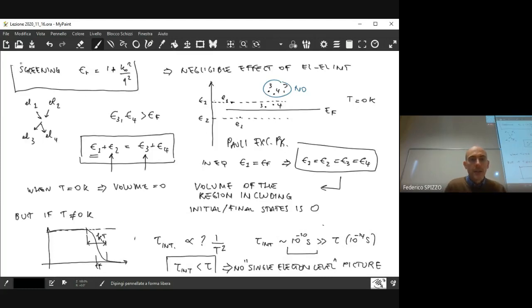The combination of screening effect and Pauli exclusion principle is such that the effect of electron-electron interaction is negligible and has an associated relaxation time that is very, very large with respect to the relaxation time due to collisions. So from one collision to the next, we may always assume that the single electron level is stable. So we observe no decay of the electronic wave function.